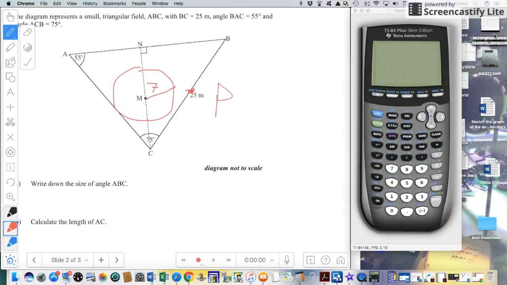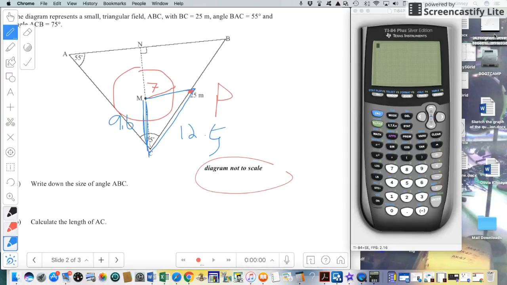Okay, my diagram is not to scale, so we're going to have to figure out how to find that distance from M to P. All right, well, it's a triangle. And we just found the side CM, which was half of NC, and that's 9.6, and CP is 12.5.